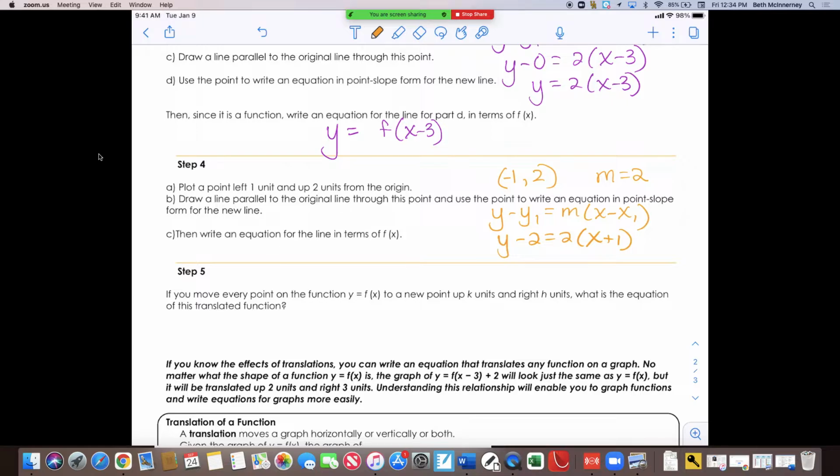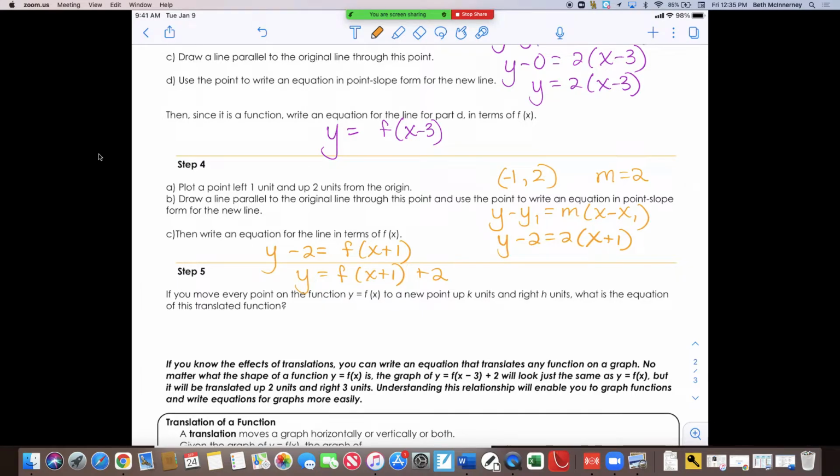So this is going to go y minus 2 equals f of x plus 1. Because what I've done is I've replaced the x with an x plus 1. And then I could add the 2 to both sides.